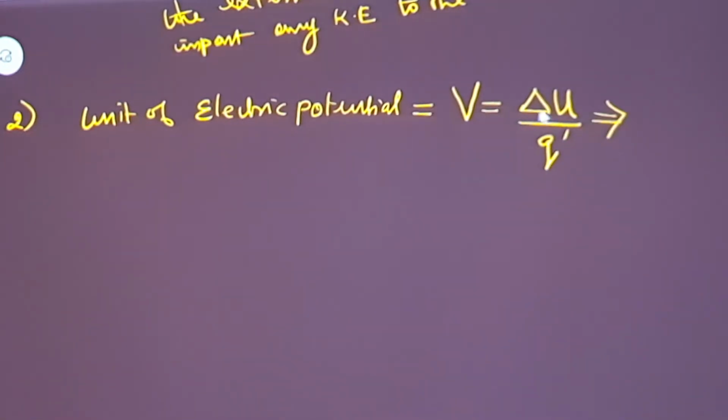So the change in potential energy is measured in joule, divided by the charge measured in coulomb.